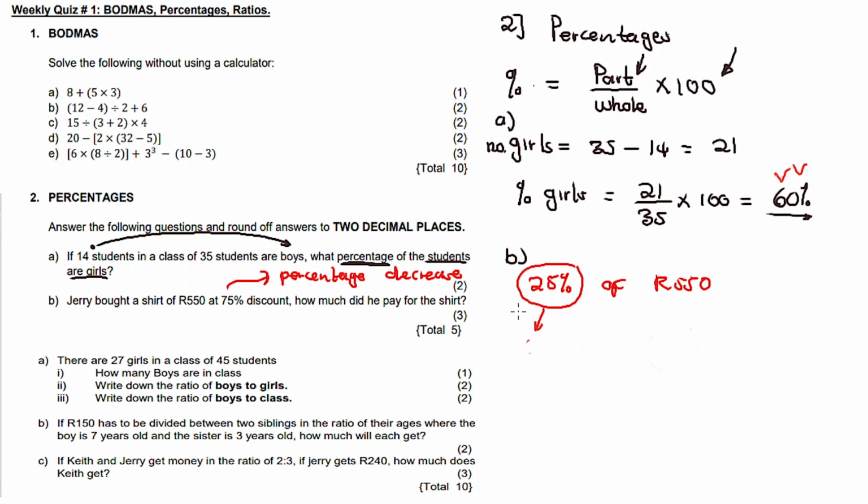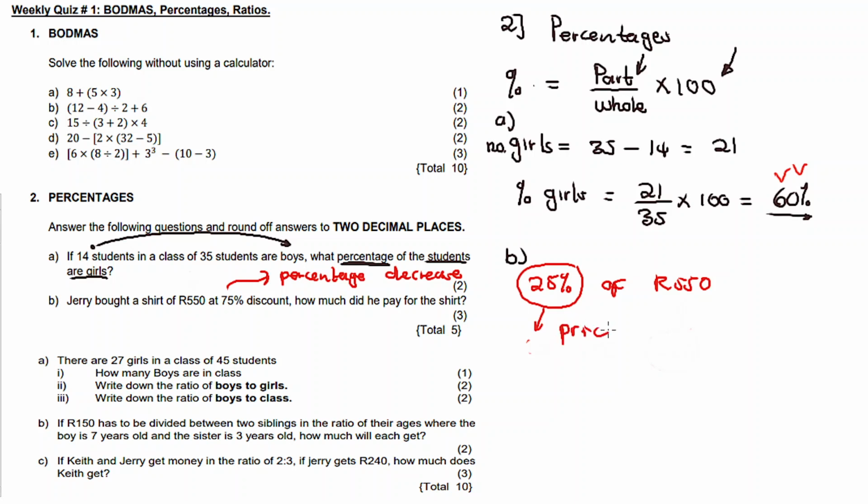We did discuss percentage decrease under the topic of percentages, right? So any question that has to do with a discount is a percentage decrease type question. Anything that has to do with things like VAT, then you know you are dealing with an increased percentage in that instance.